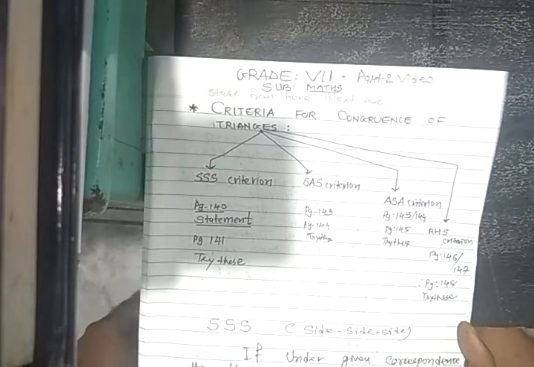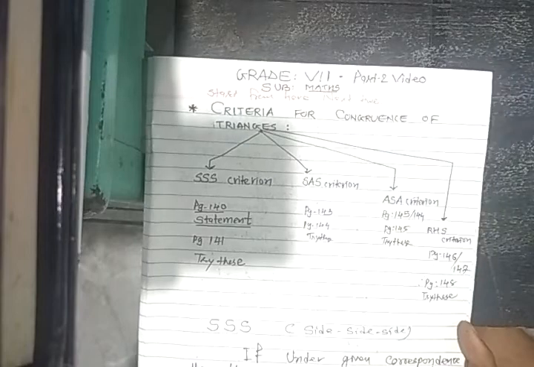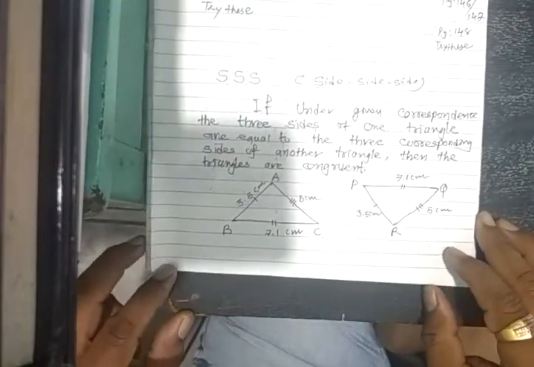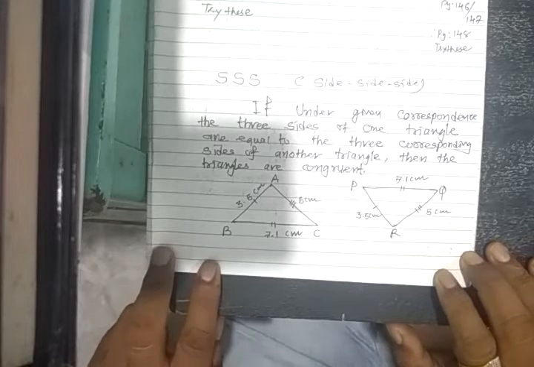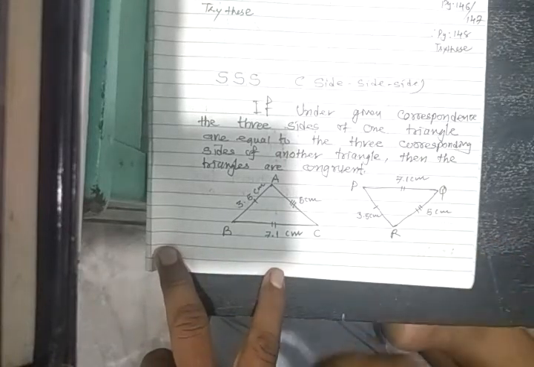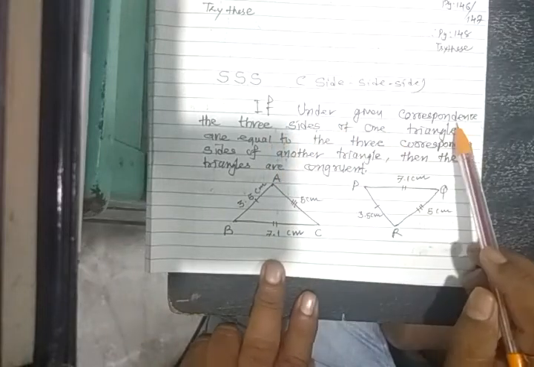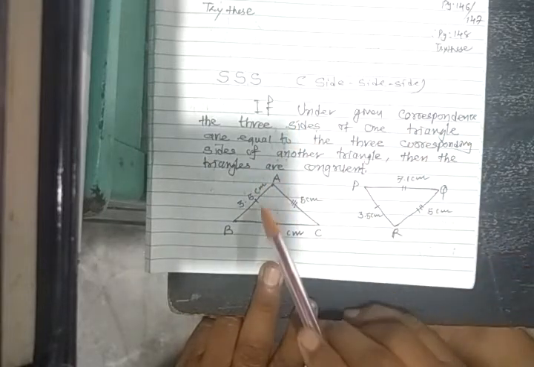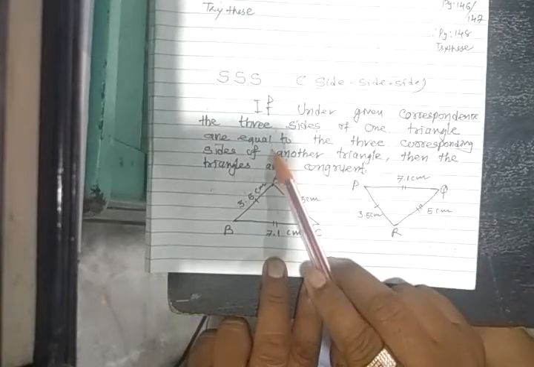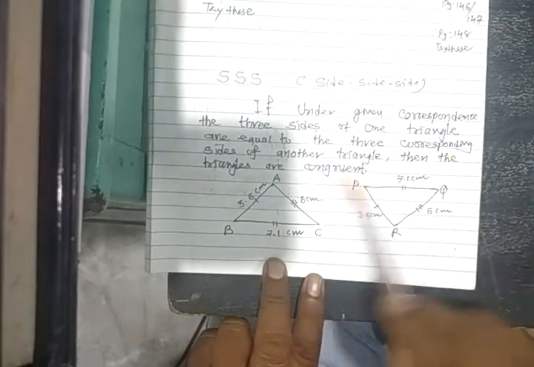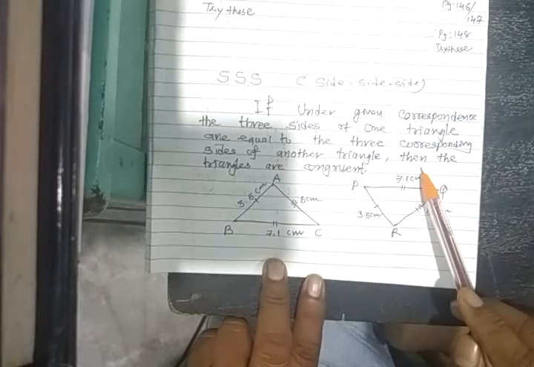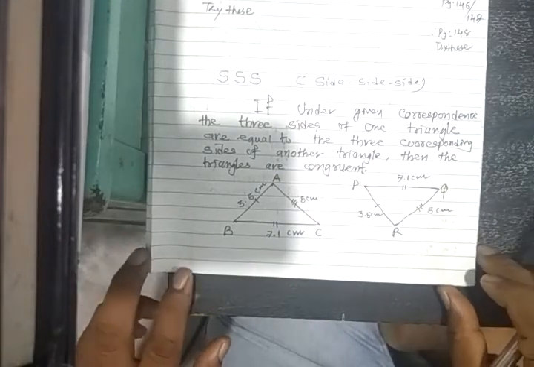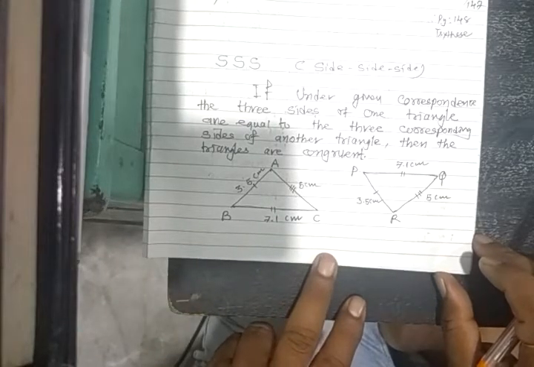Okay. So SSS means side, side, side. Here you can see the SSS criterion.